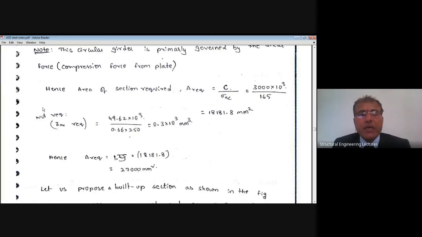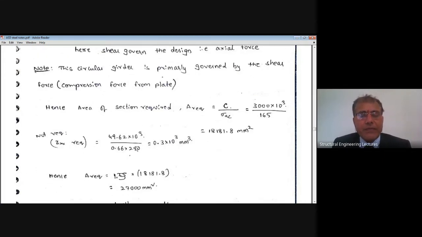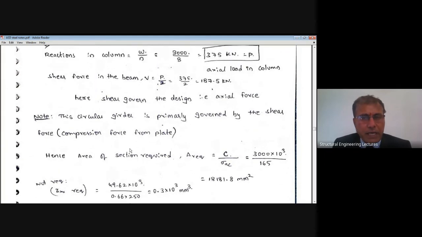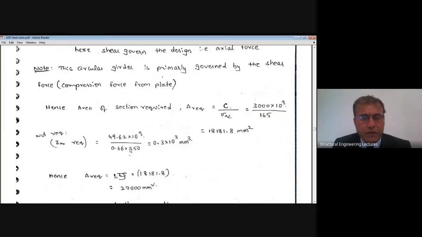Whereas if I calculate the section modulus from the bending point of view, the section modulus required, ZXX required, is equal to M divided by F. M is equal to 49.6 × 10^6 Newton mm divided by 165, the permissible bending or compressive stress, 0.66 Fy, 165, right?